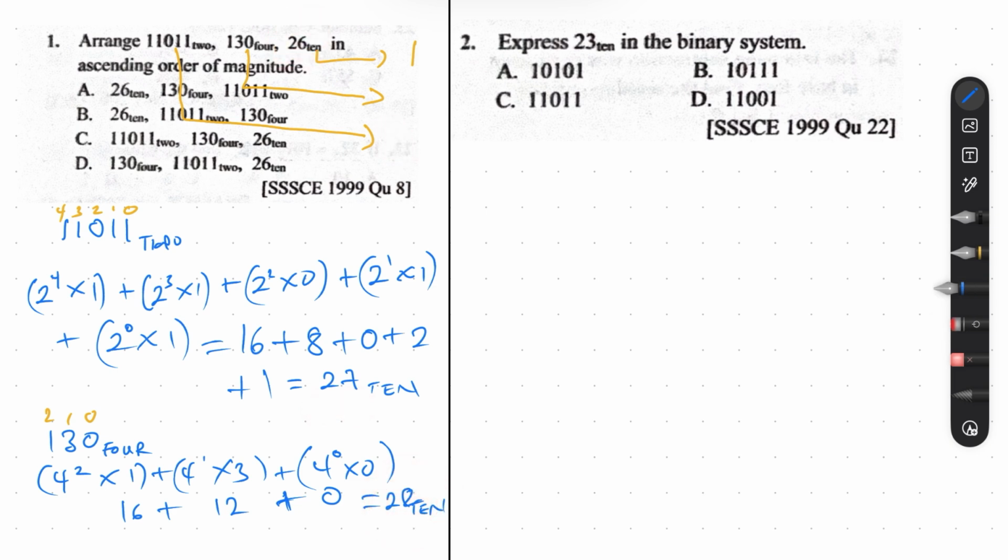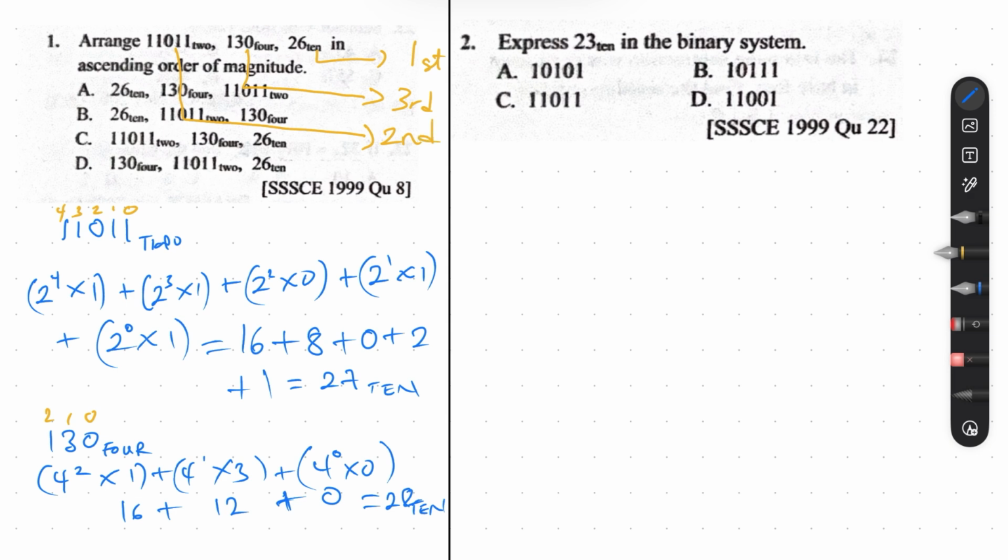So let's write it down. 130 base 4 is the third, and then obviously the last one, which is 27, the one in base 2 as we did over here, is 27, right? So that will be the second, because 27 is between 26 and 28, so that will be the second.